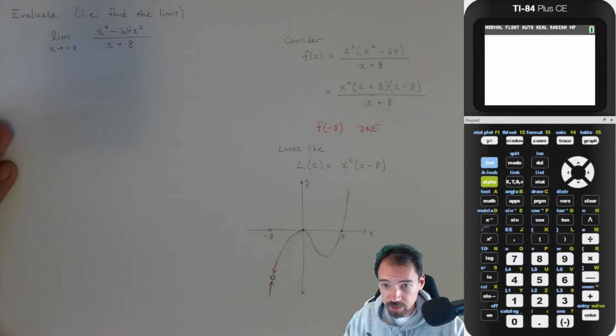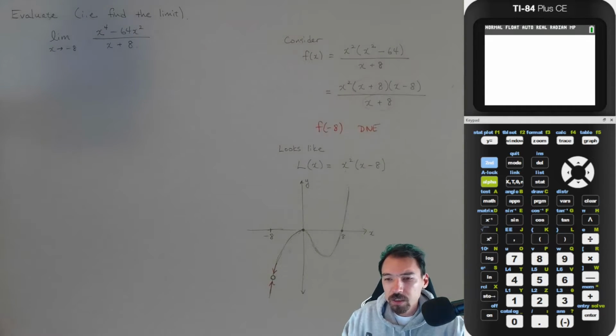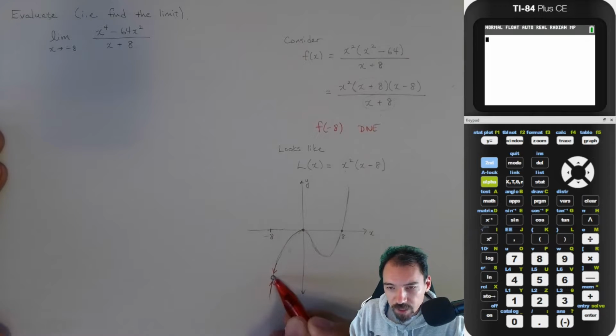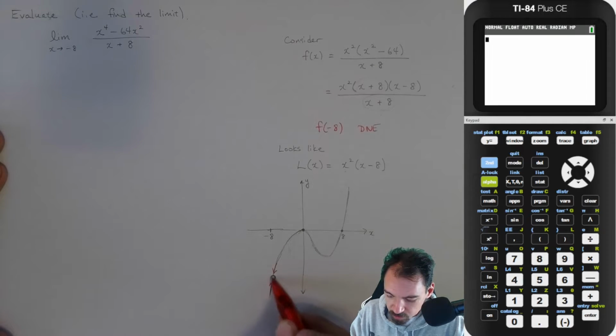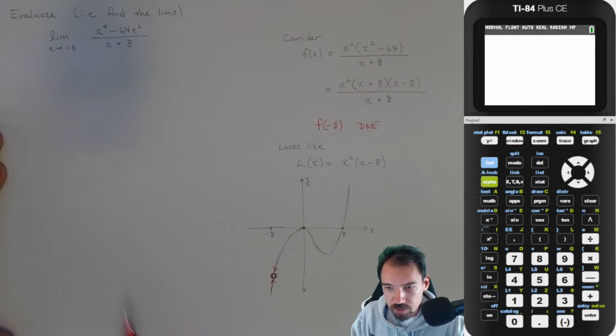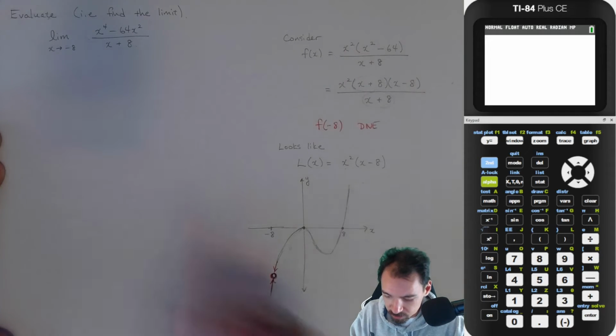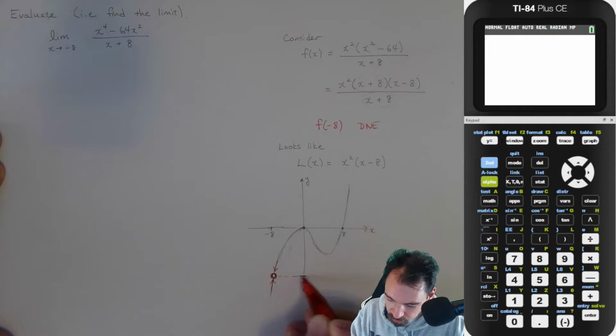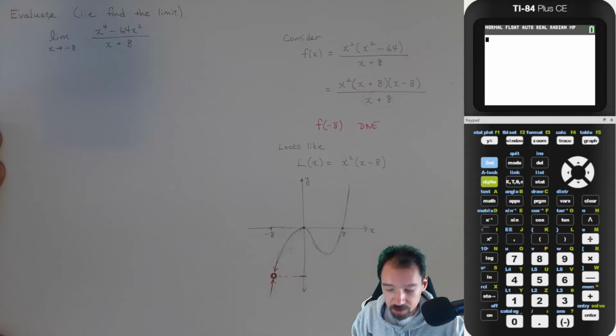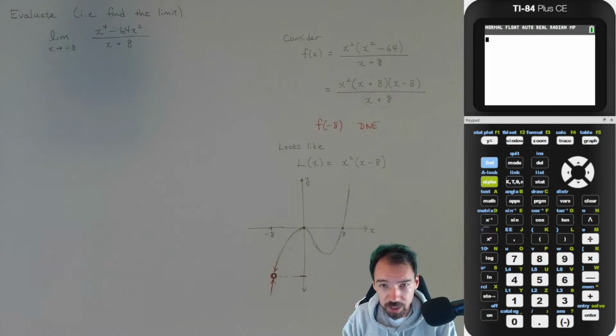That is approaching x is negative 8. Okay. My y value is approaching the location of this hole, which means the value of this limit should be the y value corresponding to that hole. That's what we're trying to find. Okay. Now, the next question is, how do we find that?